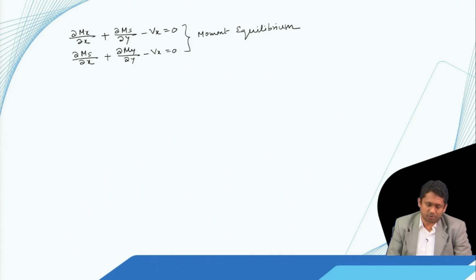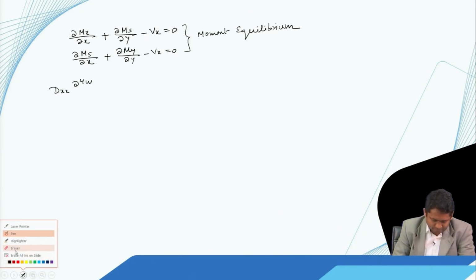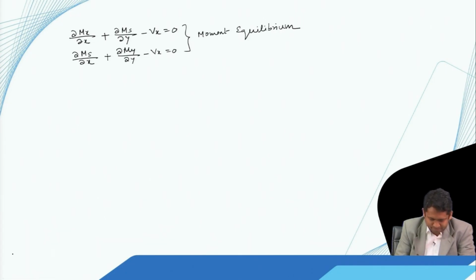Now if I combine these two equations with the equation that we got just now from the equilibrium of forces along z direction, then we can write, let's not write in the form of D now, just write in the form of M, that's better.